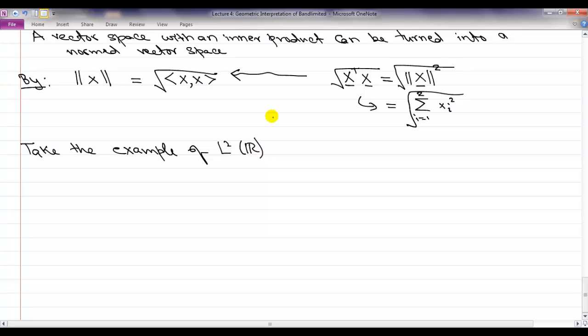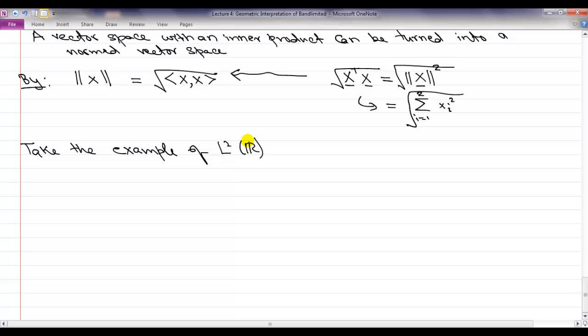If we can define a notion of inner product on the space of finite energy signals, I can give you two signals and you can tell me these two signals are similar to each other based upon their inner product, or they are completely dissimilar because their inner product is 0.